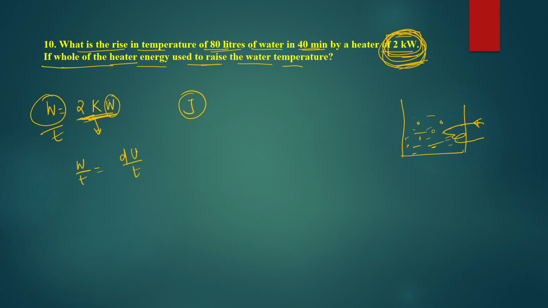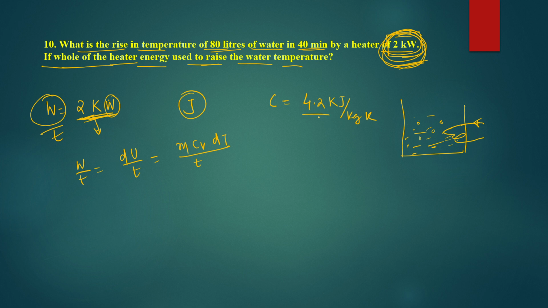And we can write this dU as m c_v dT, and obviously time is there. And c_v for the water, c_p and c_v are basically the same, so the c value will be 4.2 kilojoule per kg Kelvin, right?